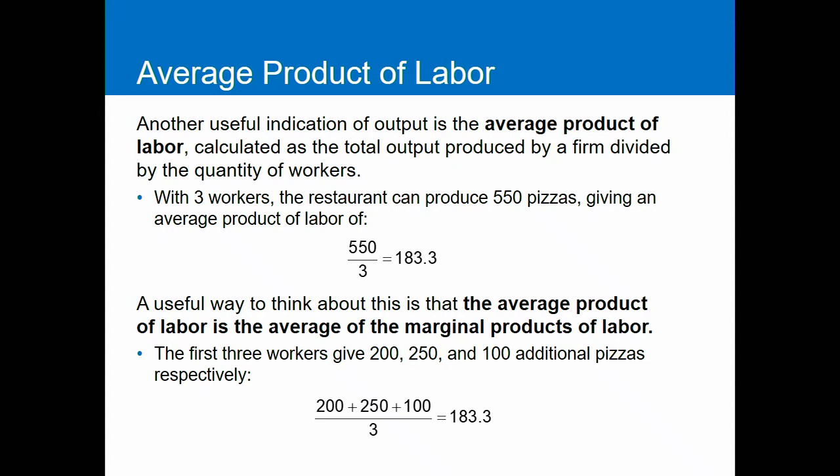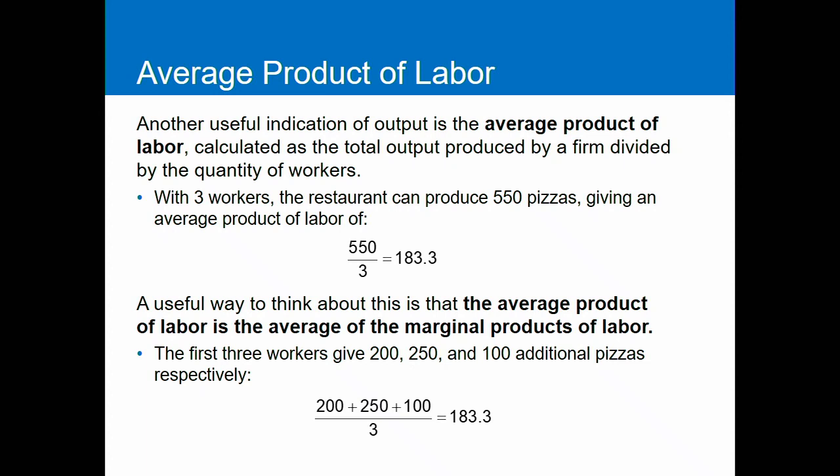I'm not going to get too in the weeds with talking about how to calculate the average product of labor or what it means. I just want to give you the very simple overview about this. So the average product of labor is going to be the total output produced by a firm divided by the quantity of workers. In this example, 3 workers can produce 550 pizzas.